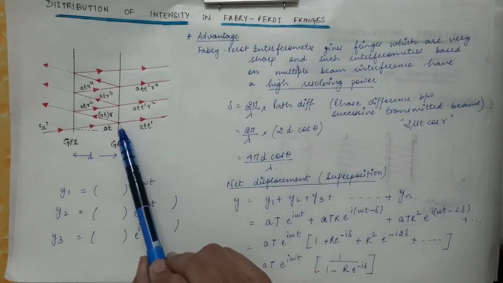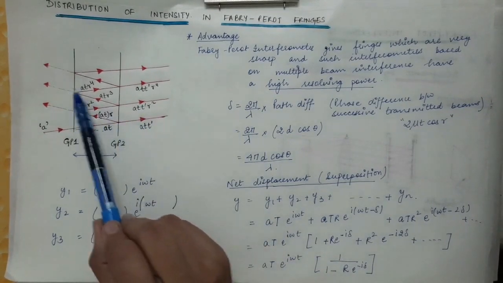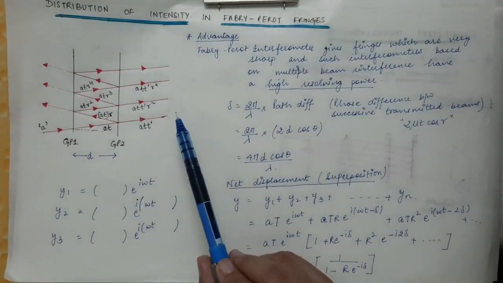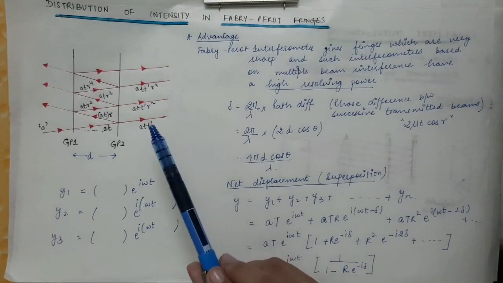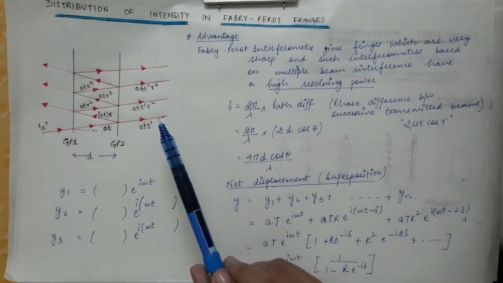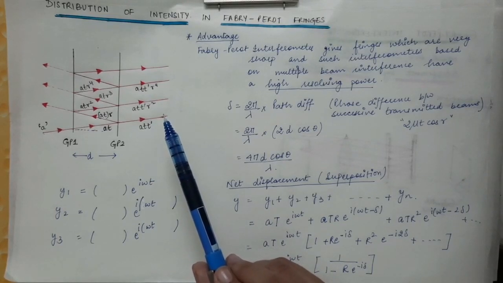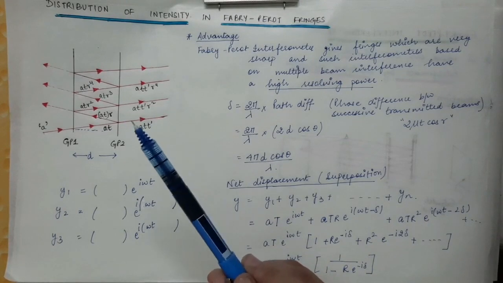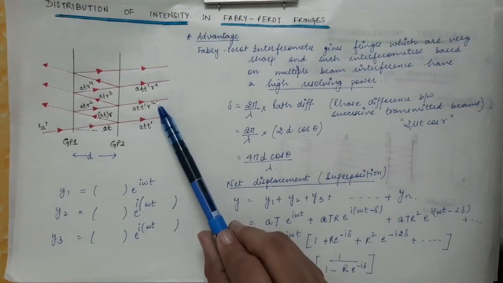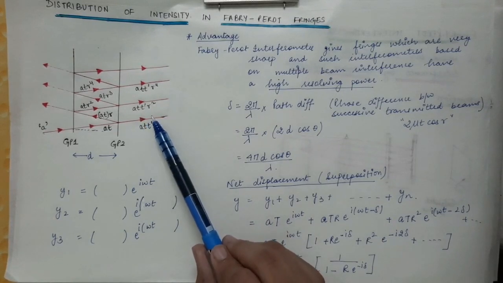Now these are the transmitted rays and we have the reflected rays. This is the same concept as we had done in thin films. There we saw that the transmitted rays also have a path difference. The two transmitted rays have a path difference, and we had calculated the path difference between the first two transmitted rays. Here also the concept is the same.